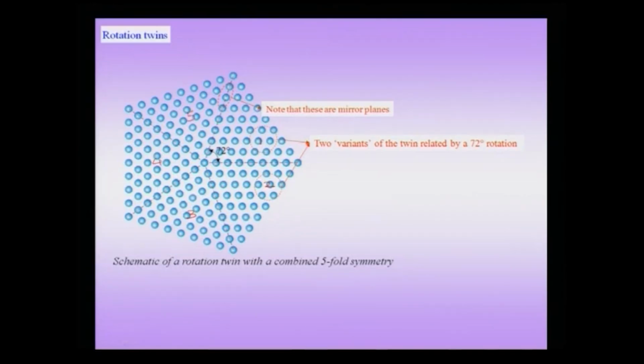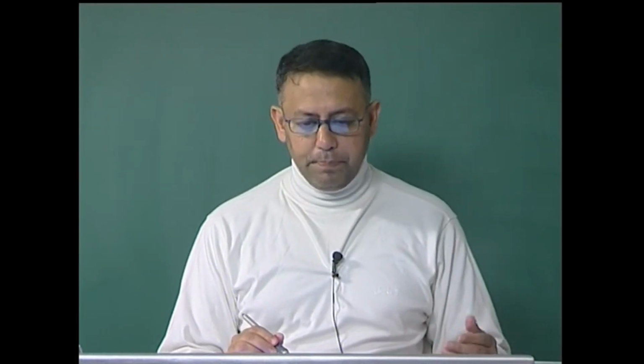Put together you can see that on an average these are misoriented by an angle of about 72 degrees. Of course, it is not accurately 72 degrees in real systems, but it is approximately 72 degrees, and I can go from region 1 to region 2 by a rotation of 72 degrees, and therefore, this is called a rotation twin. In other words, the mirror twin is associated with reflection symmetry, the rotation twin with a rotation symmetry.